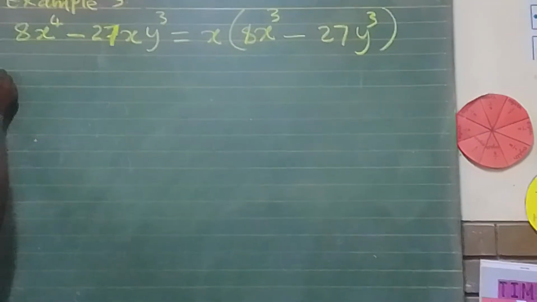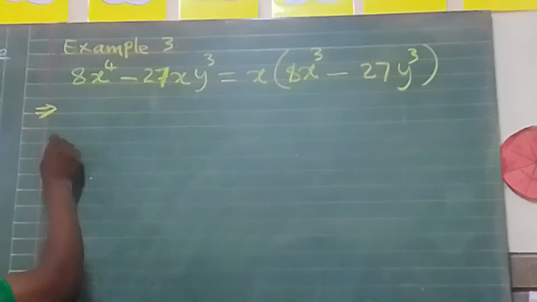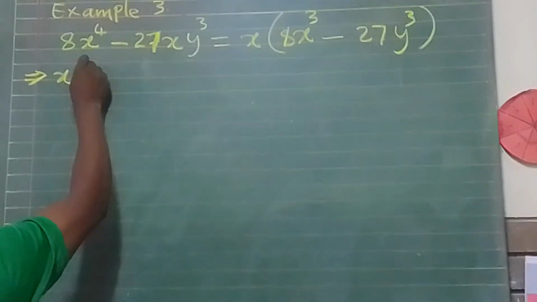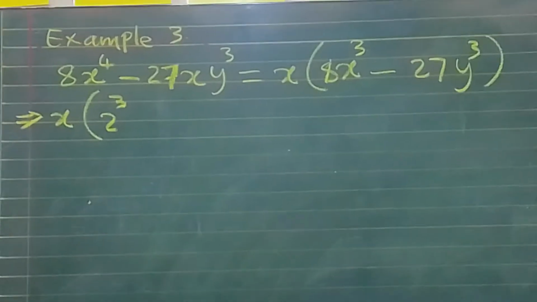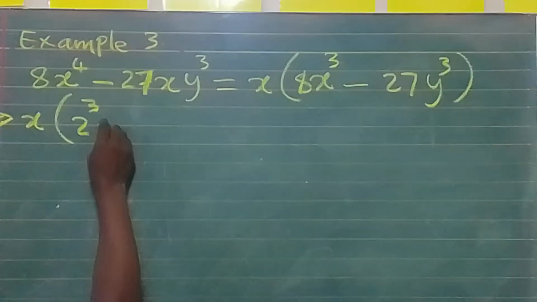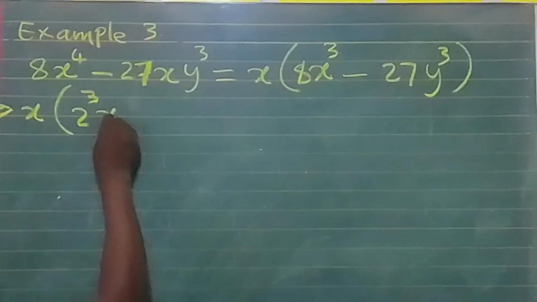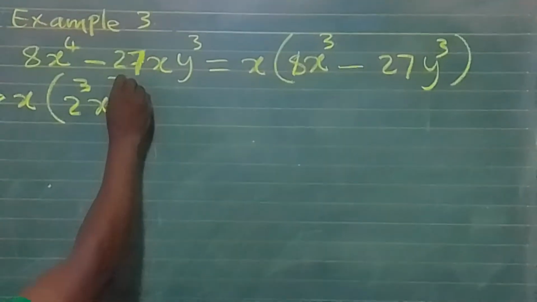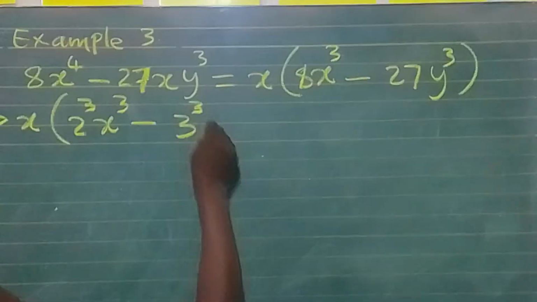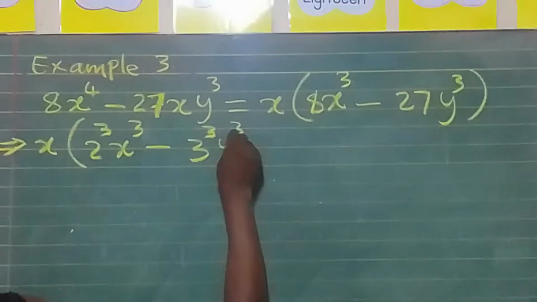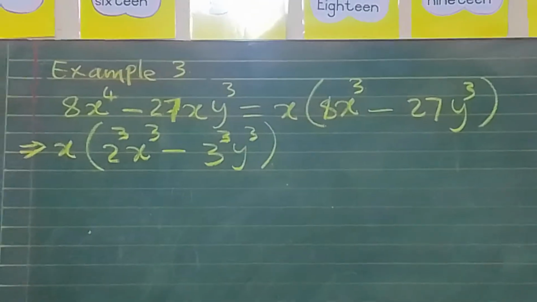Now, this is going to be as follows. x into, you take your 2, you raise it to the power 3, because we are dealing with cube, to give you 8x cube, minus 3 cube y cube, close the bracket.